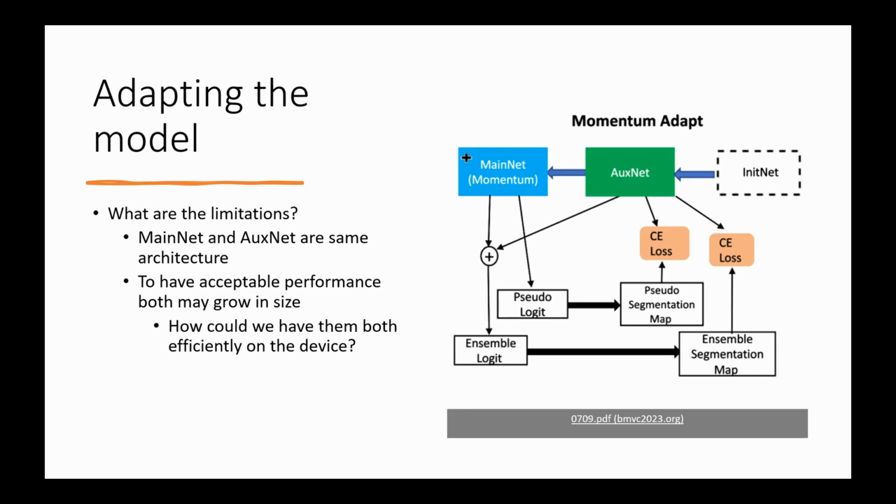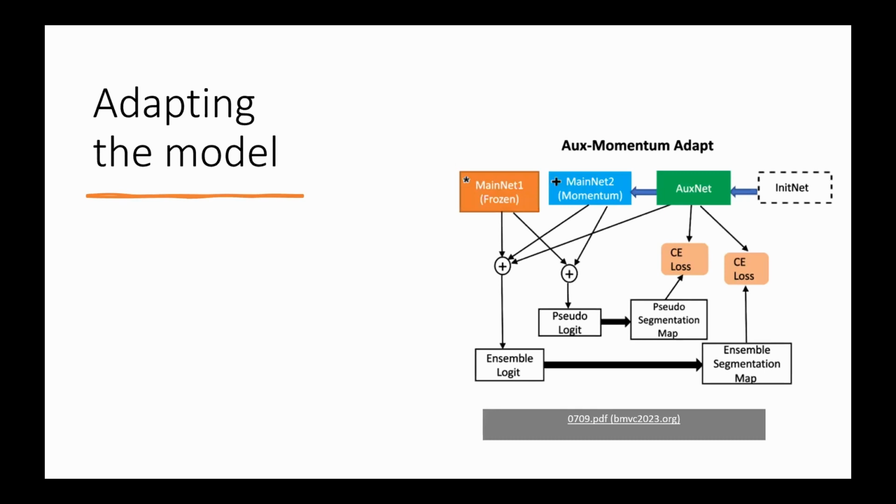One way would be that we have a small mainnet and AuxNets, and that takes us to this type of combined architecture, where I have a mainnet which is fully frozen, and then another momentum network, or mainnet 2, and then the AuxNet, which have fewer parameters and are adapted online.